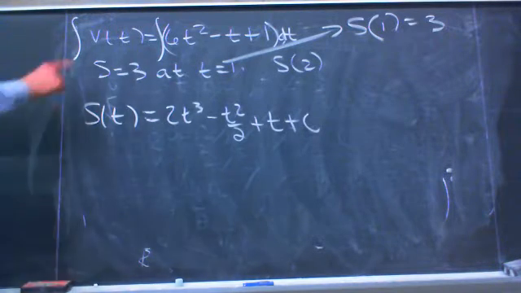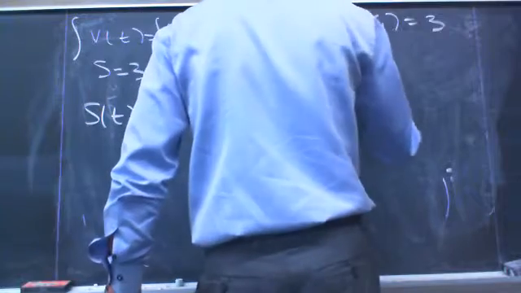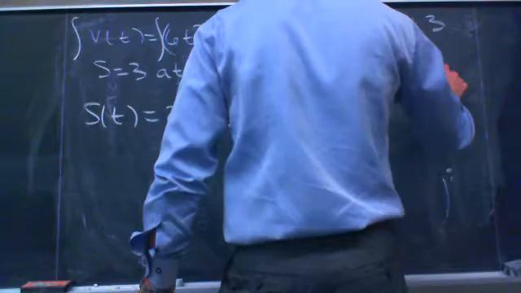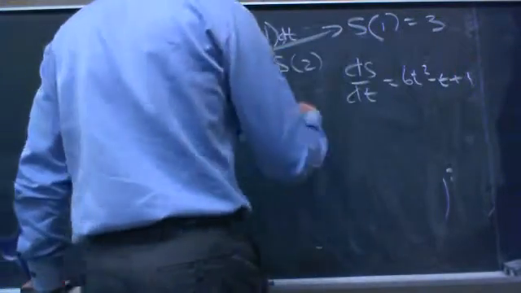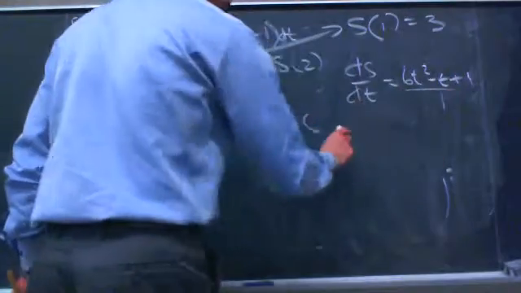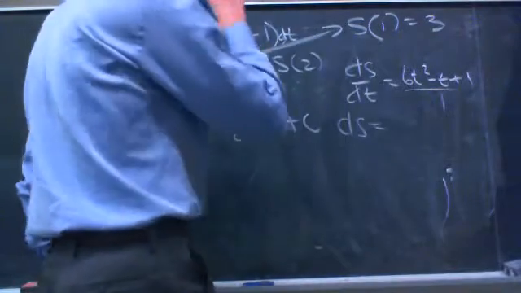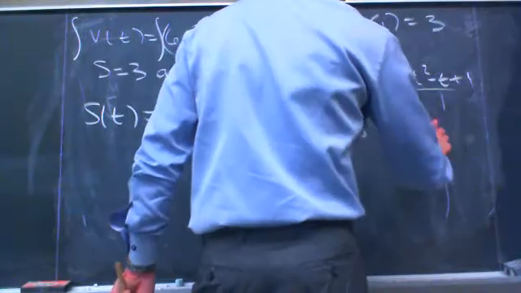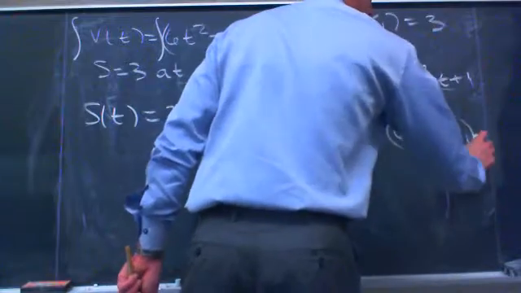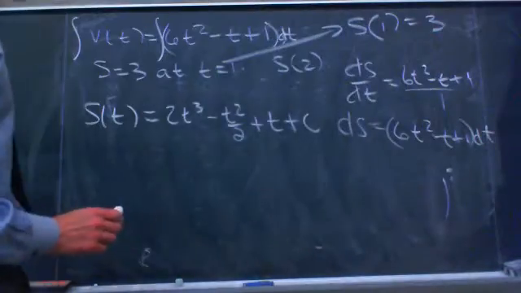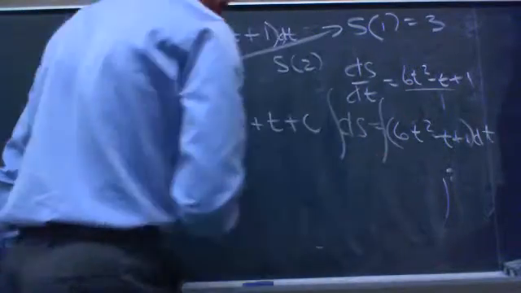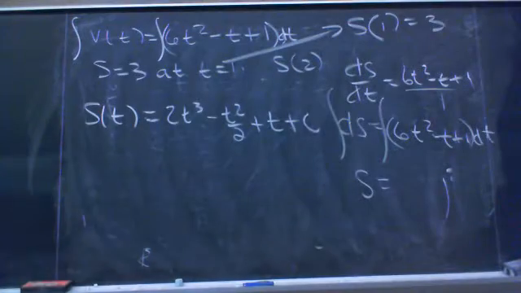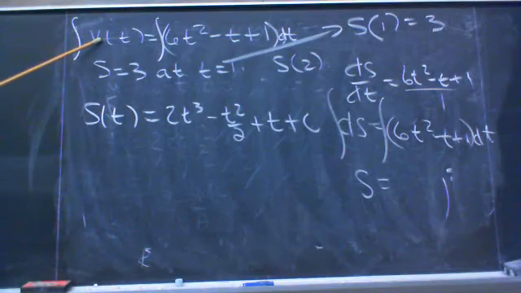You could have called v at t ds/dt, because that is the same thing. Then you multiply each side by dt, or cross multiply, and ds equals 6t squared minus 6t plus 1 times dt. Now that you've separated, integrate, and the antiderivative of ds is s, position. Or simply, the antiderivative of velocity is position.